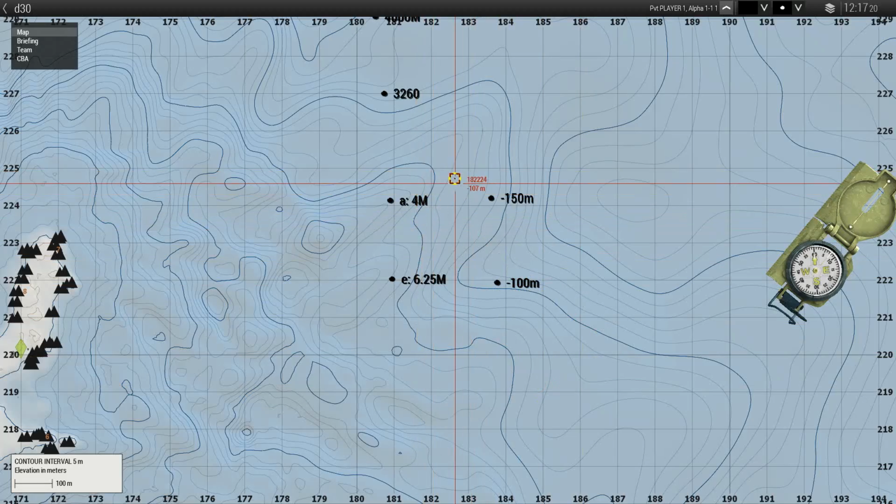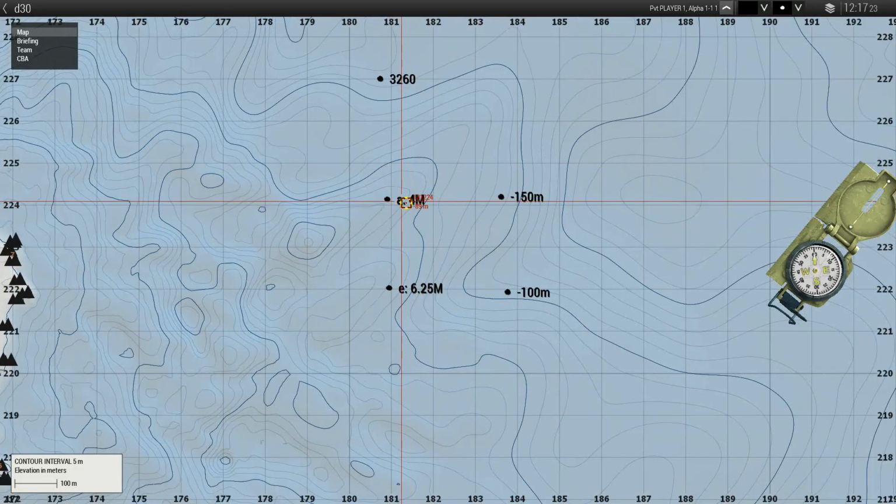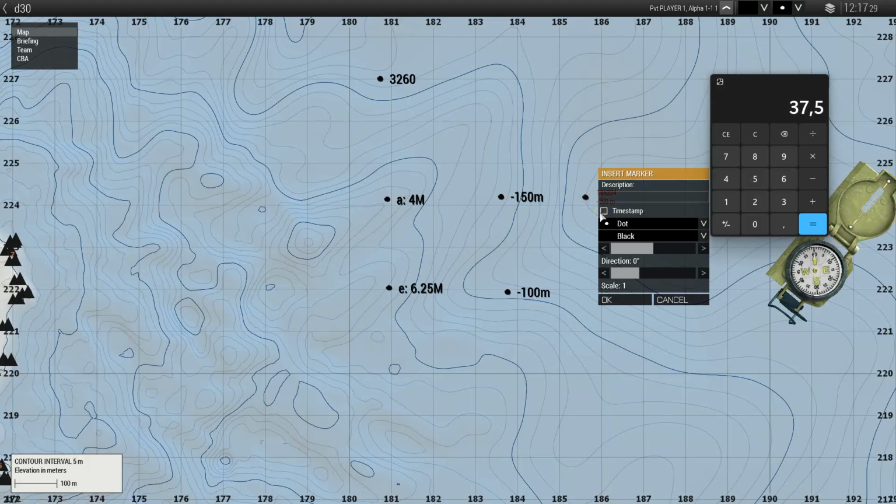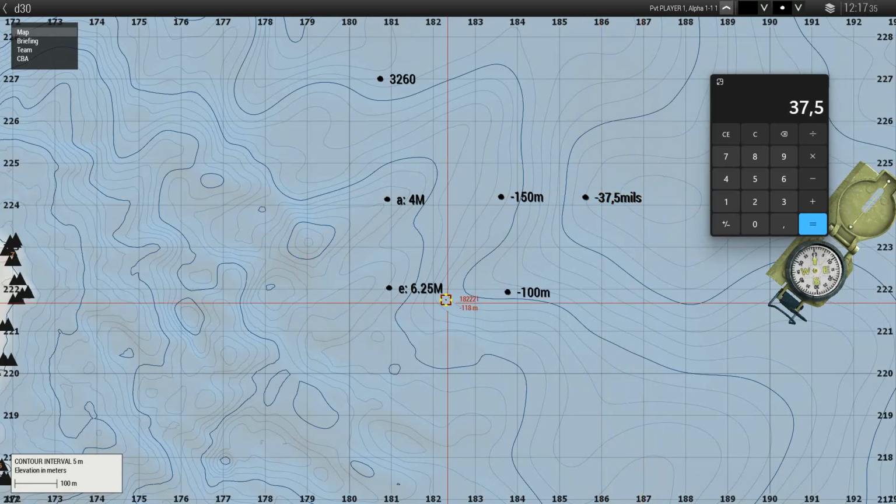And all I need to do is do the math. 1 mil of azimuth change will result in 4 meters. So in order to achieve 150 meters, I divide 150 by 4. That means 37.5 mils, so my correction is minus 37.5 mils. That is my horizontal correction with this shot.